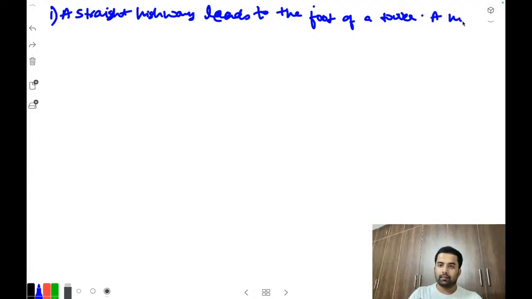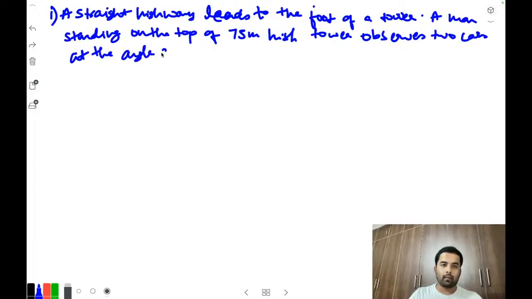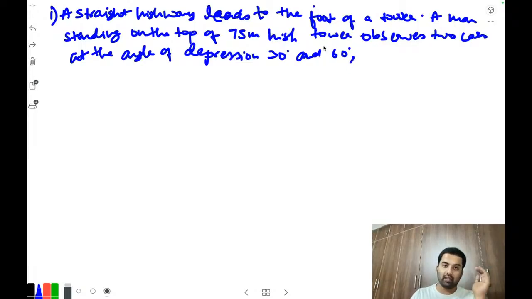A man standing on the top of a 75-meter high tower observes 2 cars at the angle of depression 30 degree and 60 degree. Angle of depression means the angle will go down.